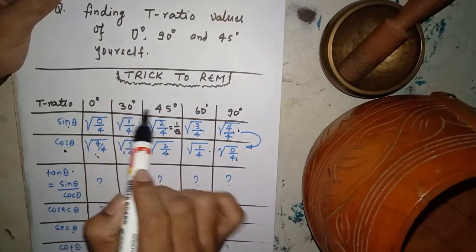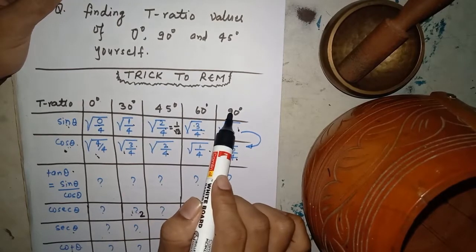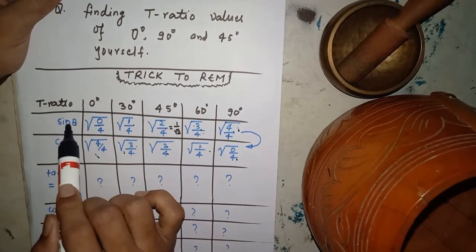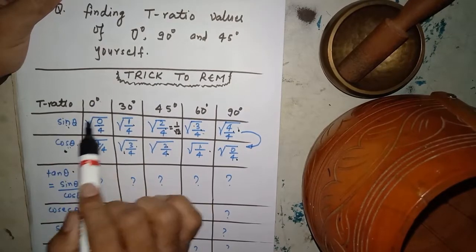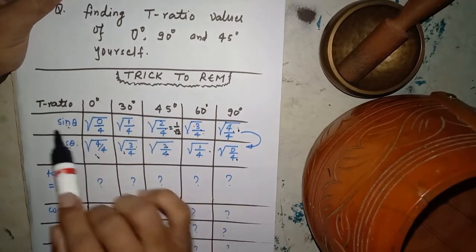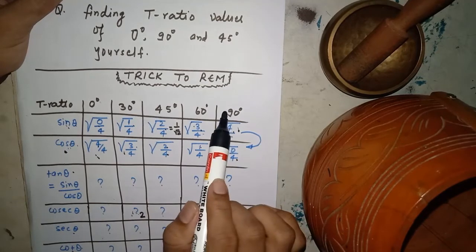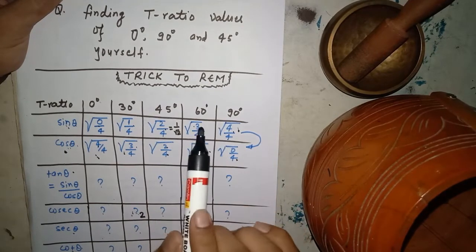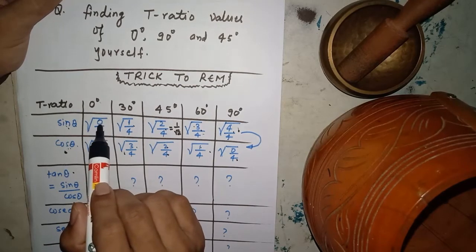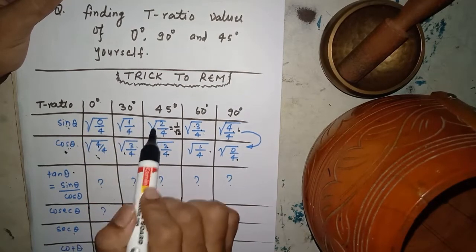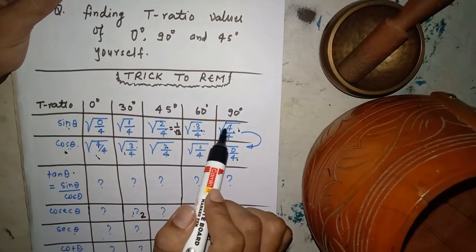If you take 0 degree, 30 degree, 45 degree, 60 degree, 90 degree for sine, means if you want to know the value of sine 0 degree, sine 30 degree, sine 45 degree, sine 60 degree and sine 90 degree, what you have to do is take 0, 1, 2, 3, 4.